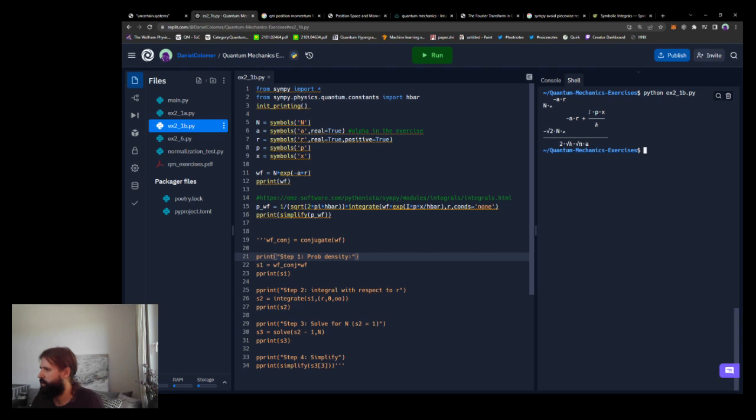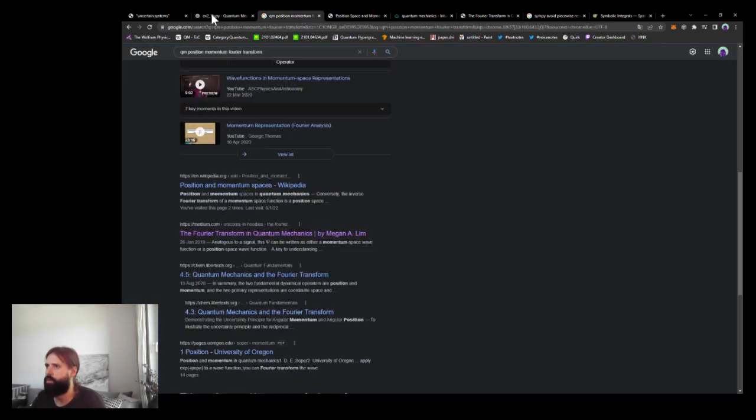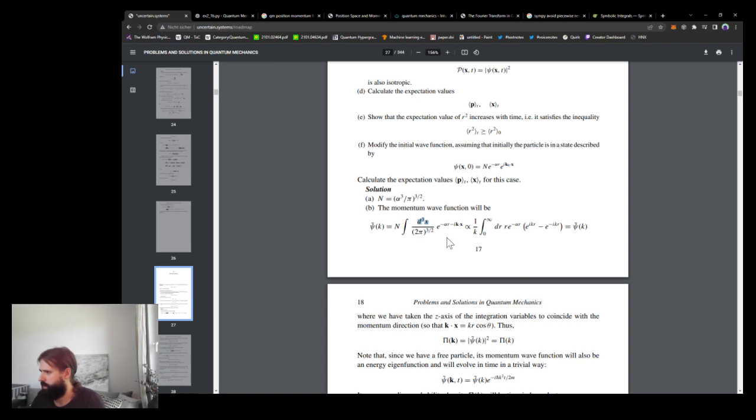Okay, it's a bit better. It actually has integrated it though. And here they do 0 to infinity.